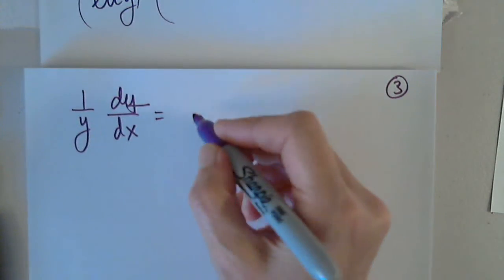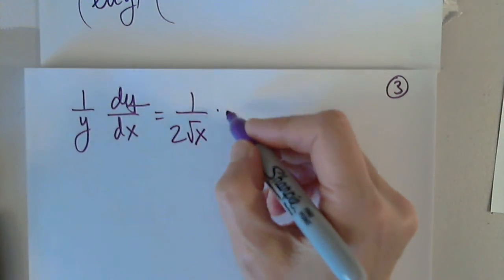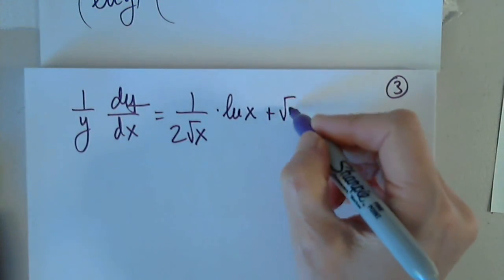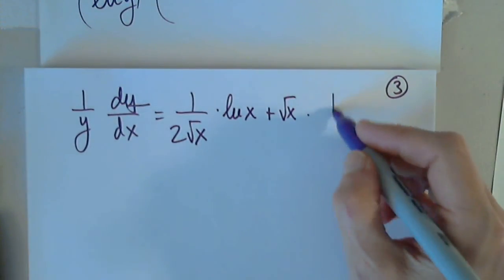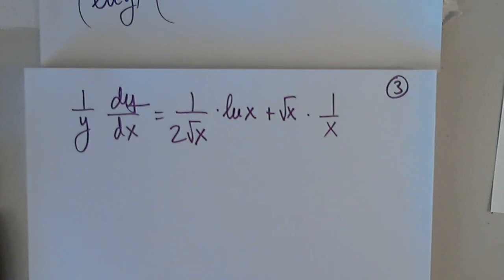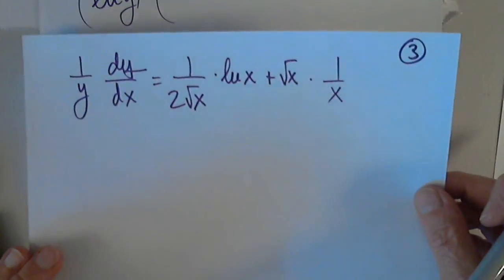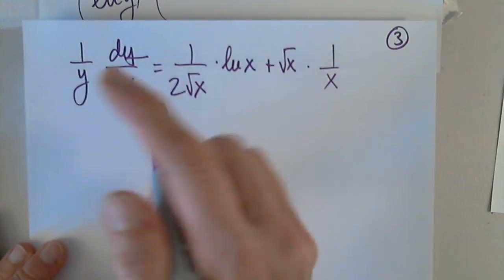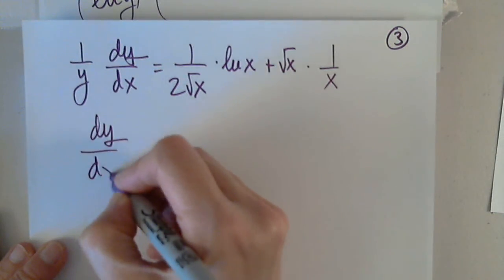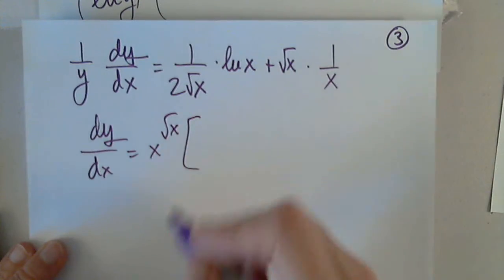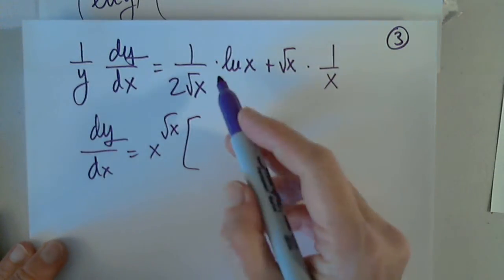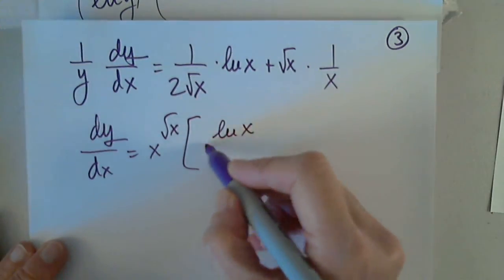I differentiate the square root times natural log x, plus I leave the square root alone, and I differentiate the natural log x, which is 1 over x. Okay, so all I have to do is multiply by this, and this is done. But instead of y, I will write x to the square root of x, and you don't have to do anything here. That's good enough.